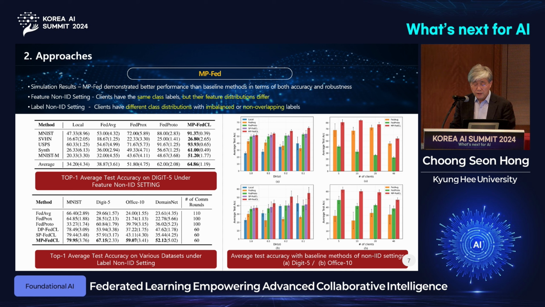Lastly, when we evaluated the average test accuracy under these non-IID conditions, MP-FedCL consistently performed better on Digit-5 and Office-10, proving its robustness and adaptability.